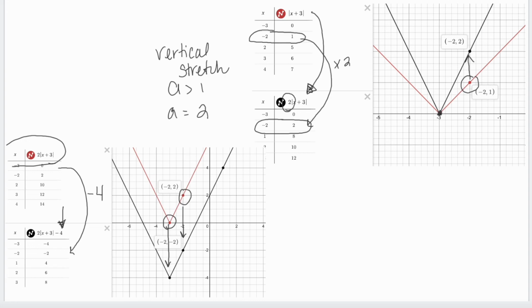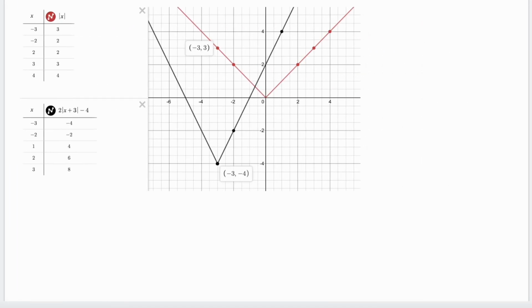So putting it all together on this last page so we can see all of the transformations step by step. I put the parent function here. We shifted left 3 units. We then vertically stretched, and then we had a vertical shift downward in this particular instance, so it does look skinnier.